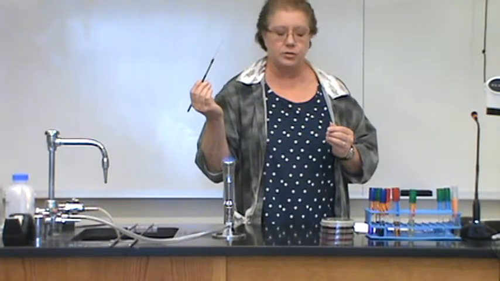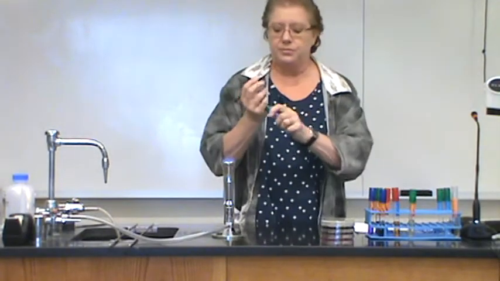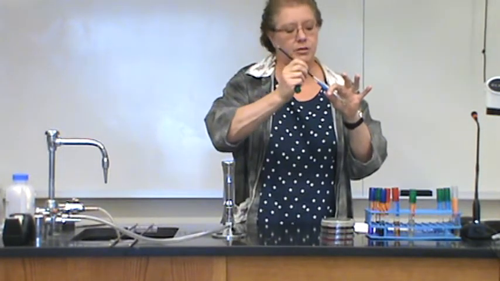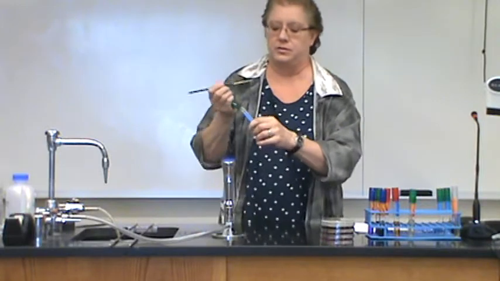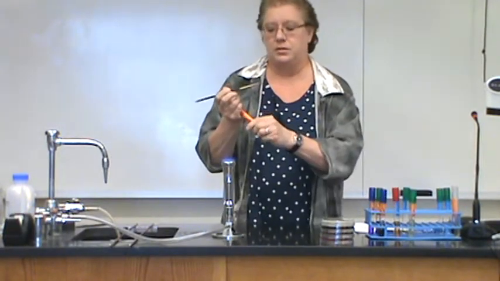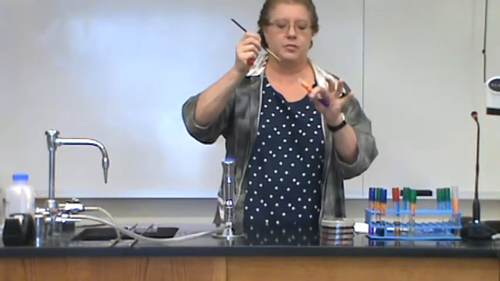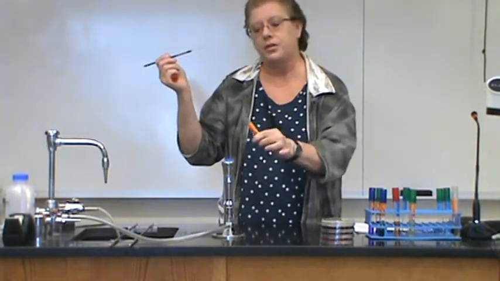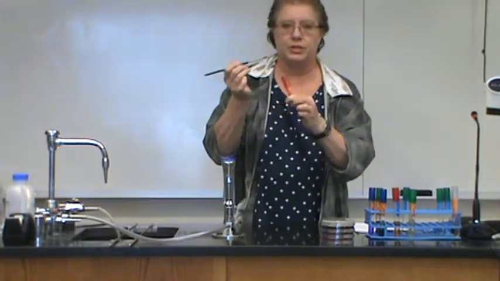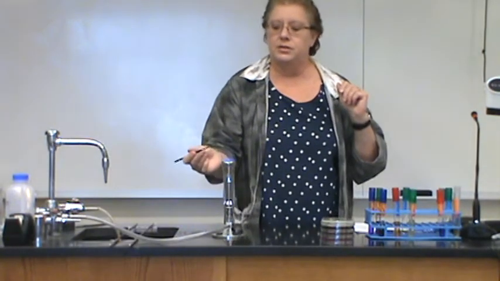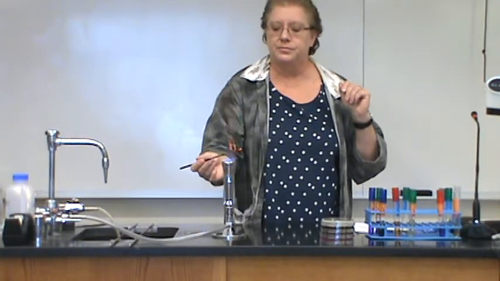So sterilize your loop, pick up your unknown, flame the top, remember to cool your loop, get a loop full of bacteria, flame the top, and then pick up your glucose broth, take the lid off, take your loop full of bacteria, go in and jiggle it around so you can inoculate that broth, flame the top, put the lid on. You are now finished inoculating that glucose broth. Sterilize your loop, and then go on to your next broth.